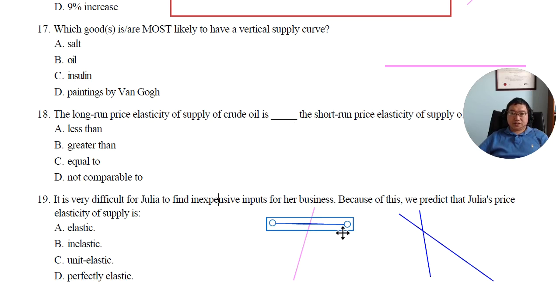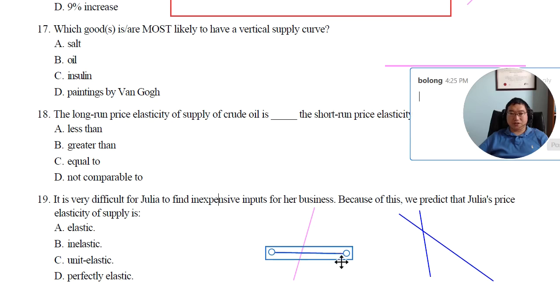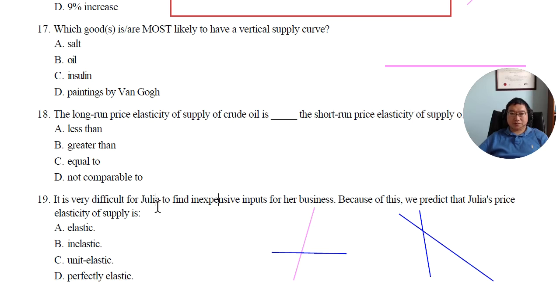Of course, you can think about a price drop. If the price drops so much, Julia may stop supplying these goods to the market, just because she cannot cover the cost of the very expensive inputs. Hard to find inexpensive inputs means she has very expensive inputs.